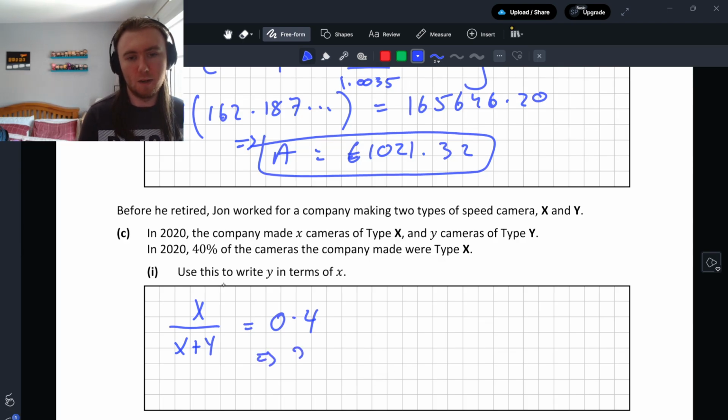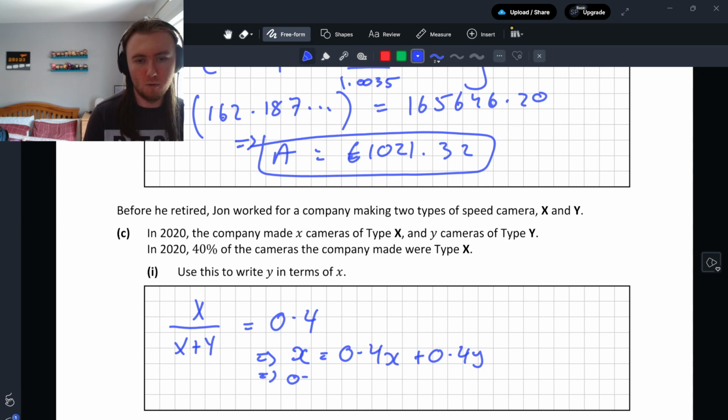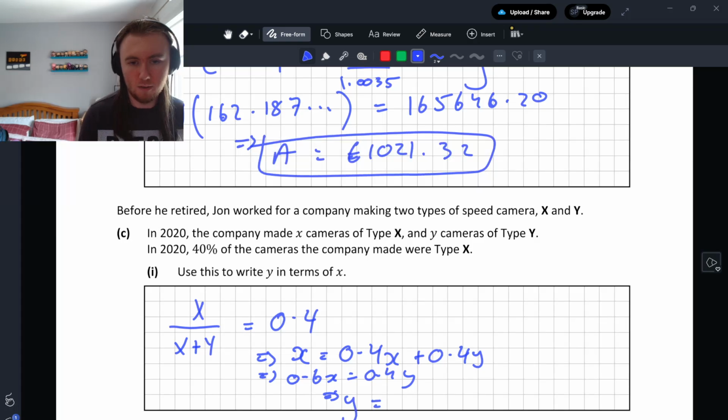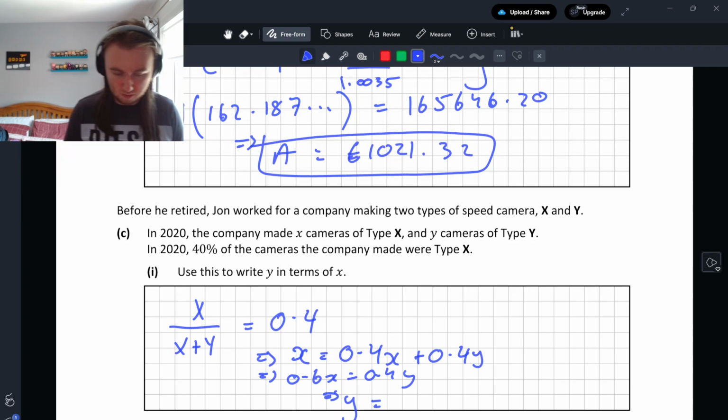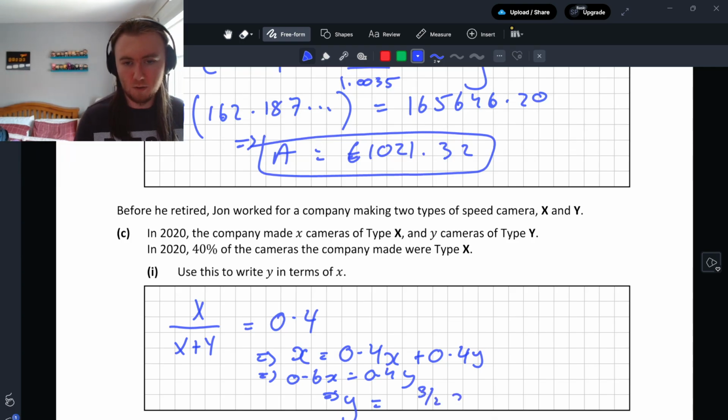So actually these should be lowercase x's. So writing y in terms of x, we get 0.6x equals 0.4y. So y is 6 over 0.4, which is 3 over 2 x.